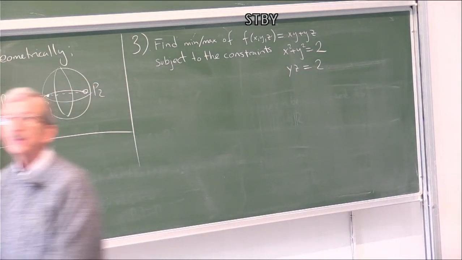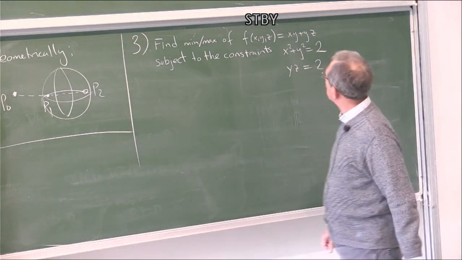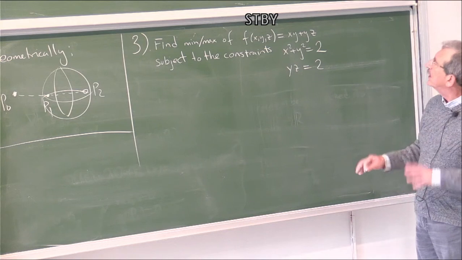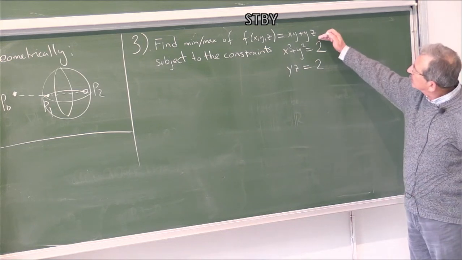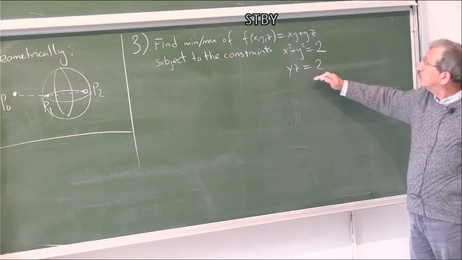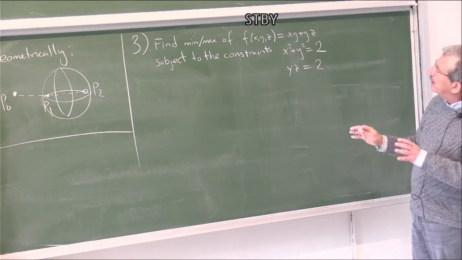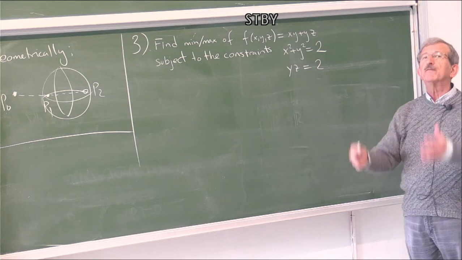Of course, this fits the standard problem in the first generalization. The intersection of these two surfaces is a curve. We are looking for the maximum and minimum of this function on top of this curve.